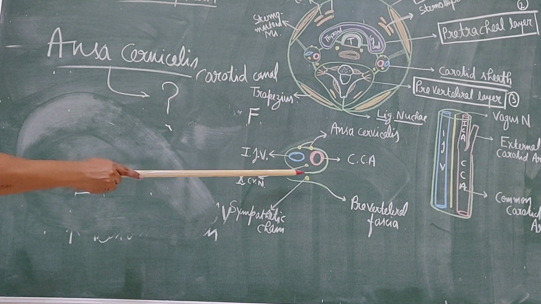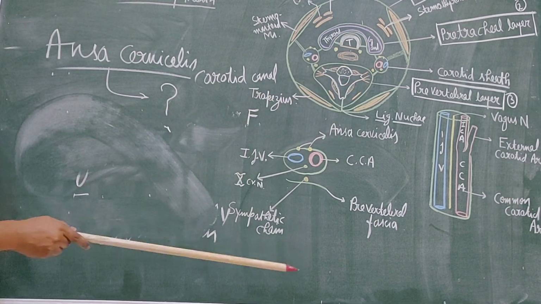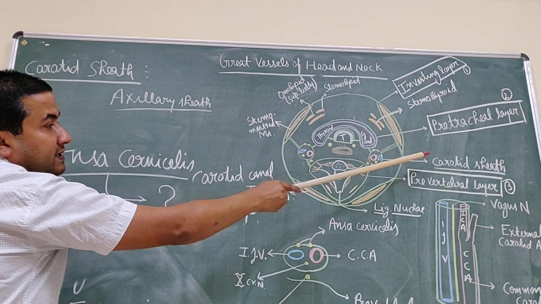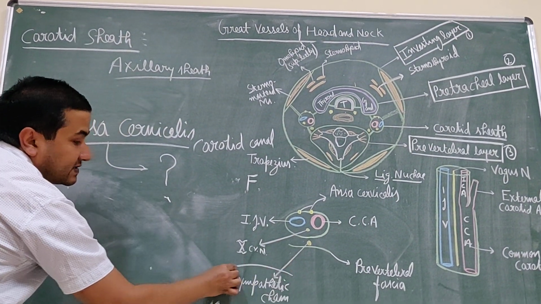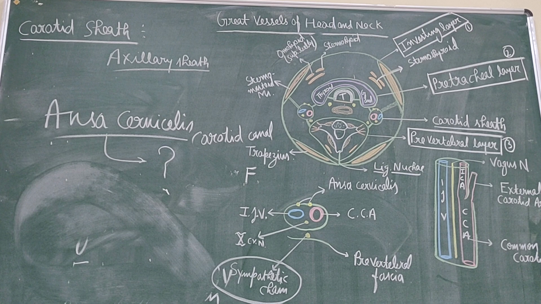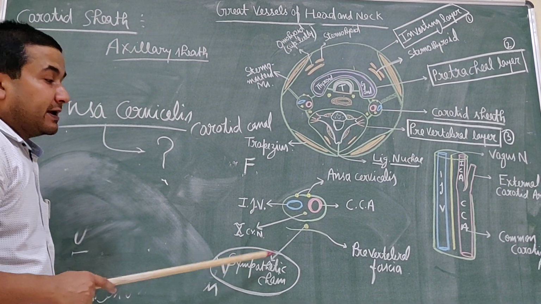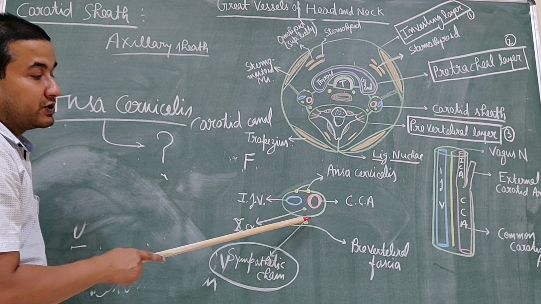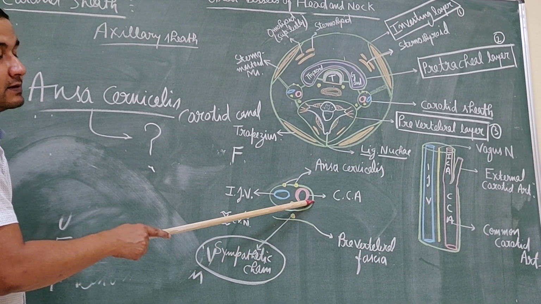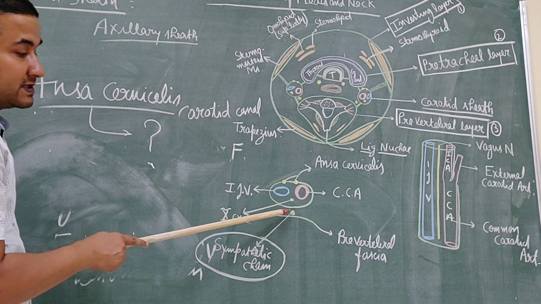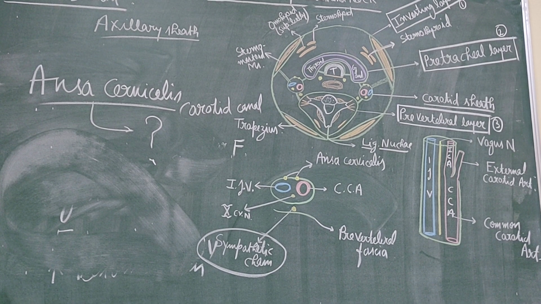There is a structure sandwiched between the two fascia, the fascia of the carotid sheath and the prevertebral layer, and this structure is the sympathetic chain. The cervical part of the sympathetic chain is present between the prevertebral layer and the carotid sheath, outside the carotid sheath.